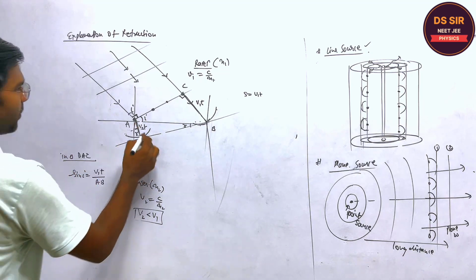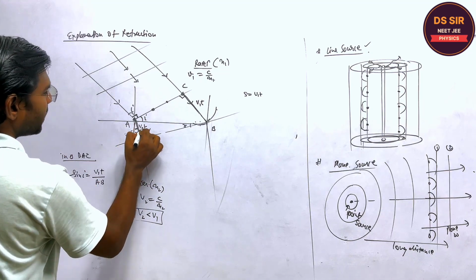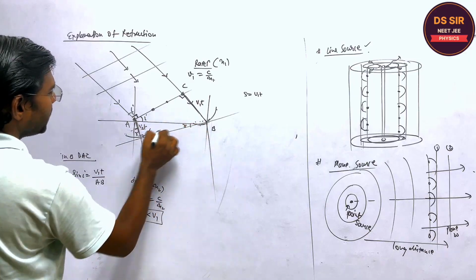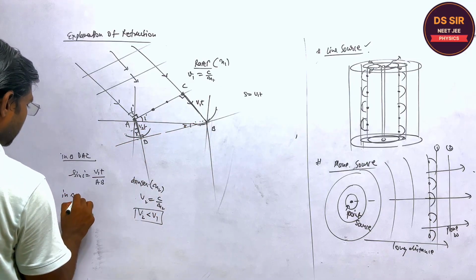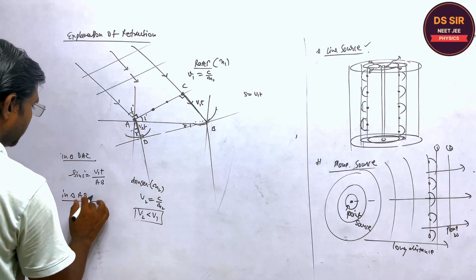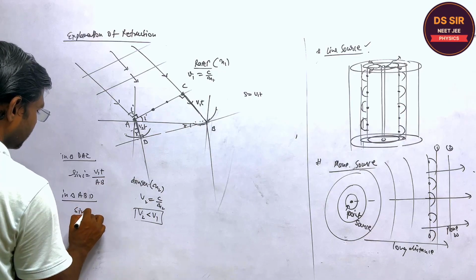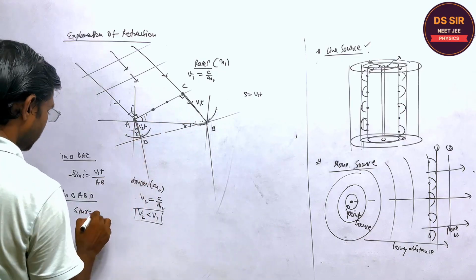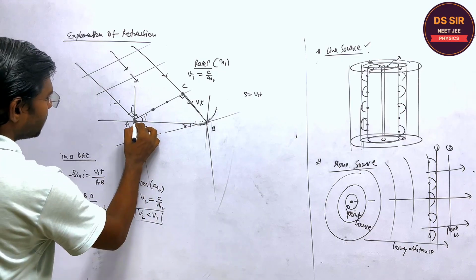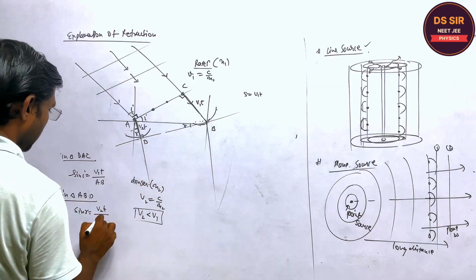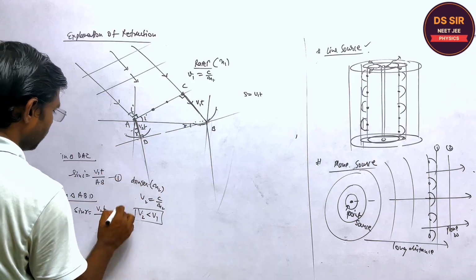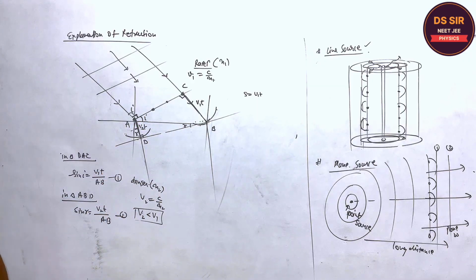All right. While in triangle ABD, this is the 90 degree, what is sin r? Sin r is nothing but the perpendicular distance upon the hypotenuse. This is equation number 1, equation number 2. Is it clear?